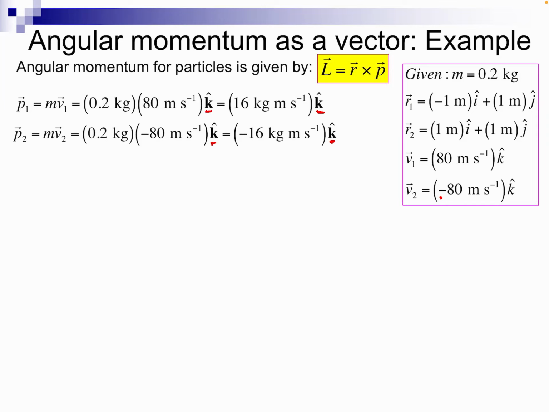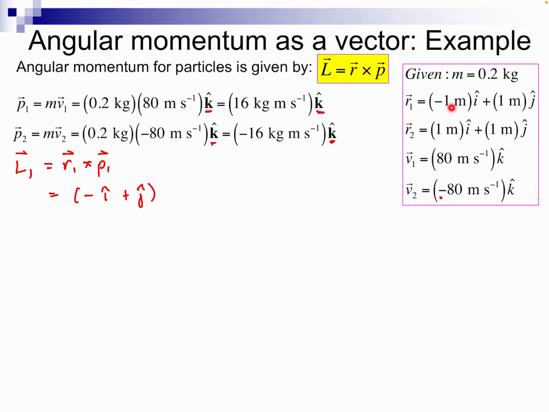All right, so first let's get the angular momentum for ball one. That will be R1 crossed with the linear momentum of ball one. R1 is minus i hat plus j hat. I remove the units temporarily, just so it's not so cluttered.